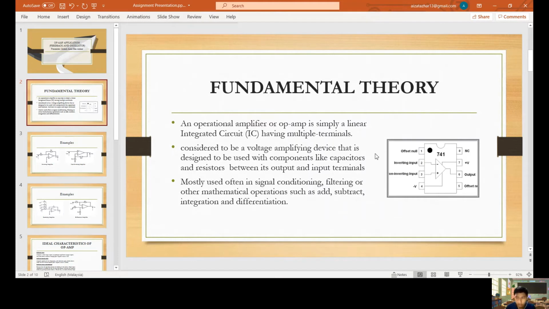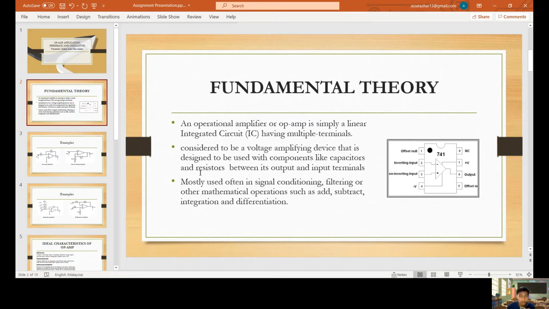The circuit with an op-amp also includes capacitors and resistors to run the circuit.